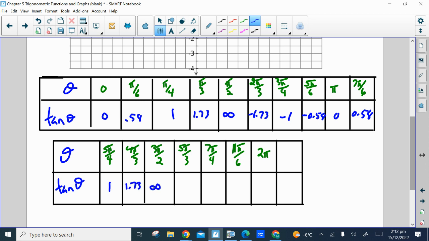At 3 pi on 2, it's undefined. Negative 1.73, negative 1, negative 0.58, and 0. So again, those come right from the calculator or from the unit circle. You just have to write them as a decimal if you're using the unit circle so that we know where they are on the graph.